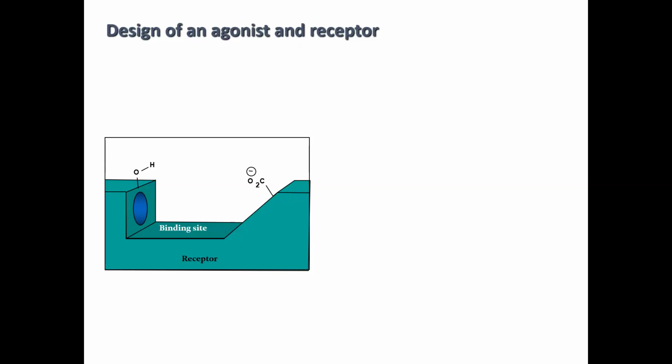All right, so here we've got a binding site. These cartoons are the best indication I've found of how to explain it, and I think when you go through them all, it falls into place. So we have a binding site, an OH.